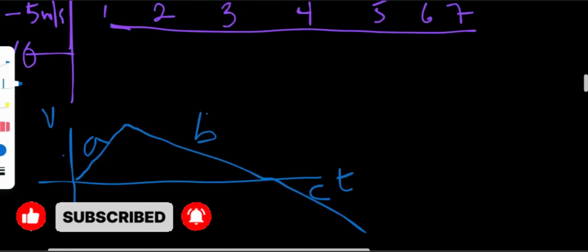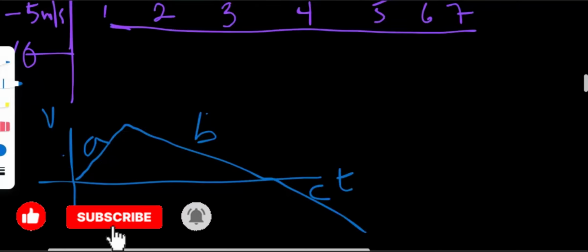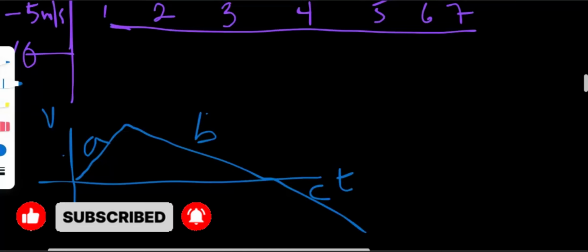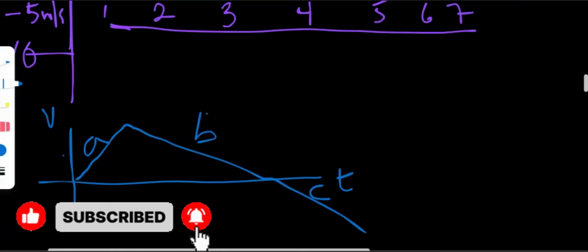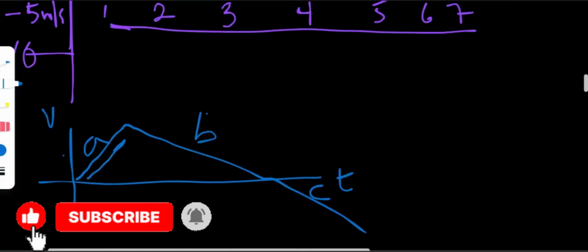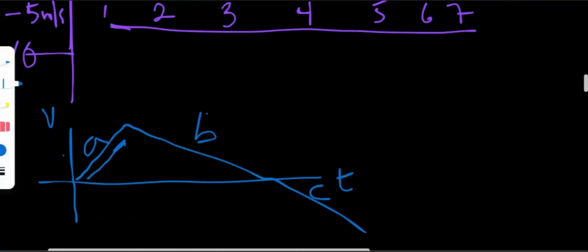Since section A shows that the object is speeding up in the positive direction, and section B shows that the object is slowing down. In section B, you can see the object is slowing down, yet it's still moving in the positive direction.